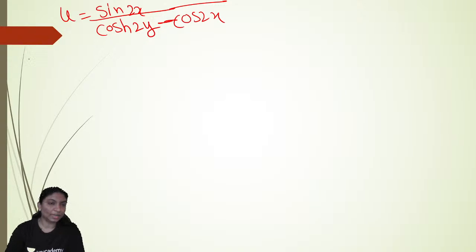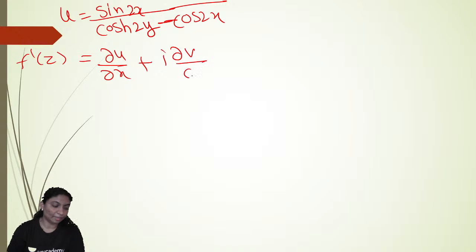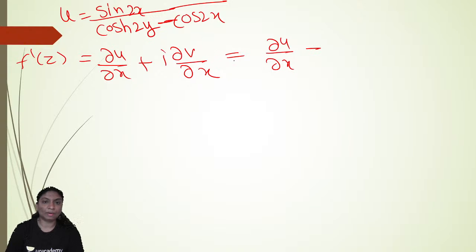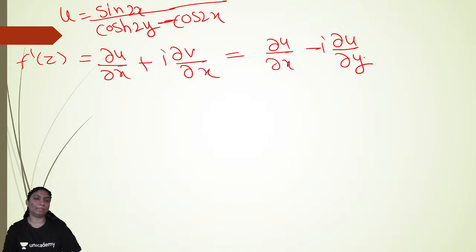So here you will get f dash of z is equal to f dash of z, so that is del u by del x plus i into del v by del x. So replacing by CR equation, so del u by del x is equal to, you can write as it is del u by del x, but del v by del x, you can write as minus del u by del y.